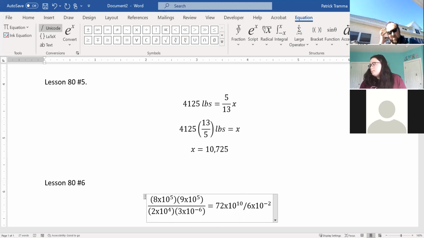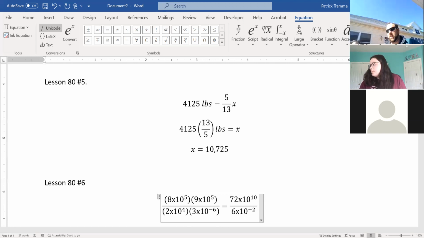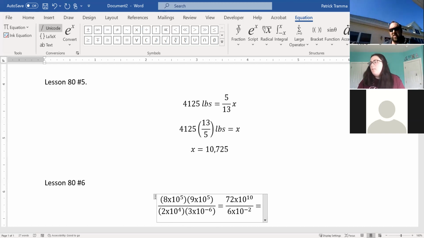Yep, that looks right. Now how do we simplify that? Divide. So it's 72 divided by 6.